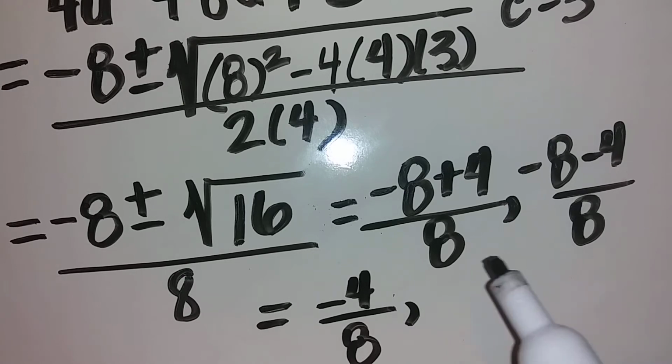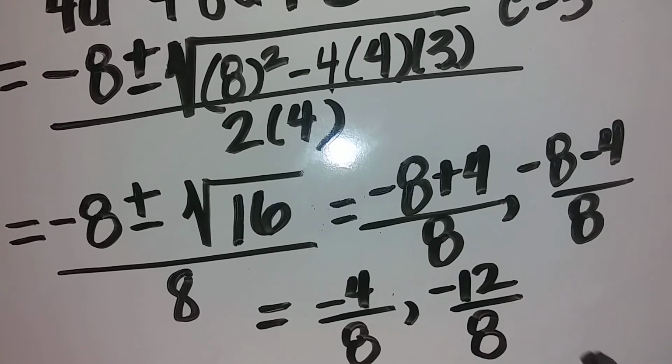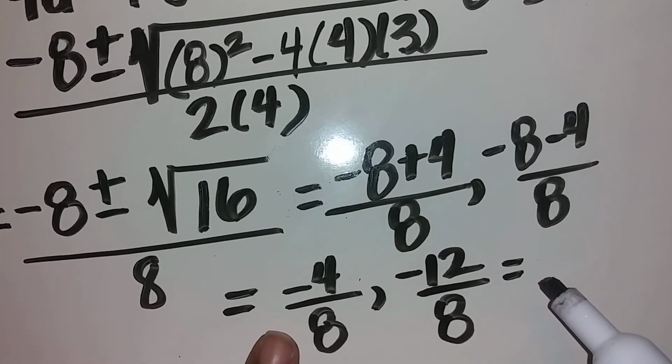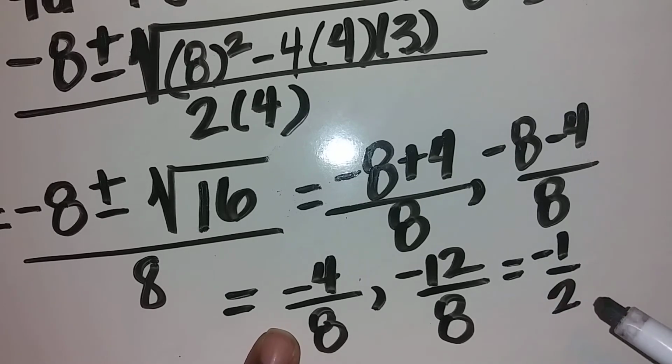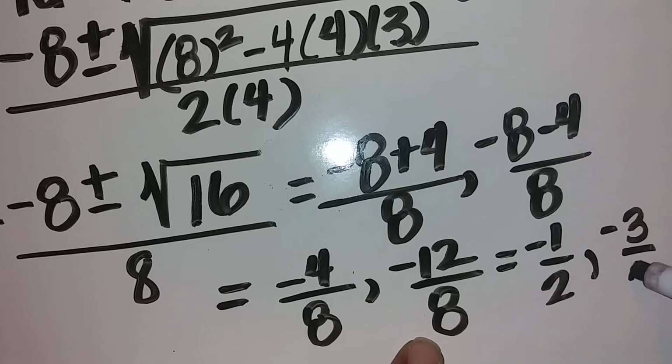And then negative 8 minus 4 is negative 12 over 8. And then you start simplifying your answers from there. So my first answer is negative 1/2. And my second answer will simplify. I can divide by 4. So it's negative 3 over 2.